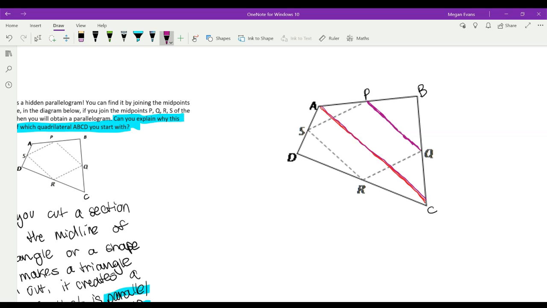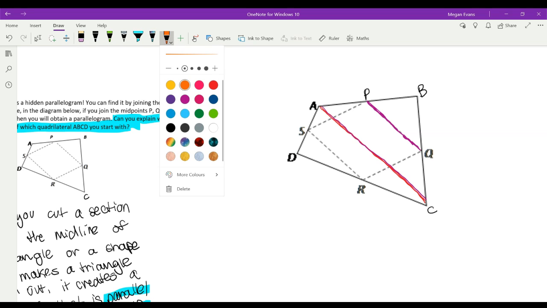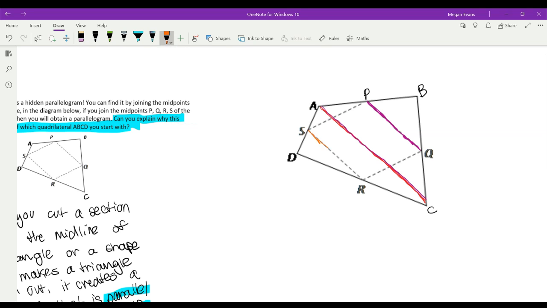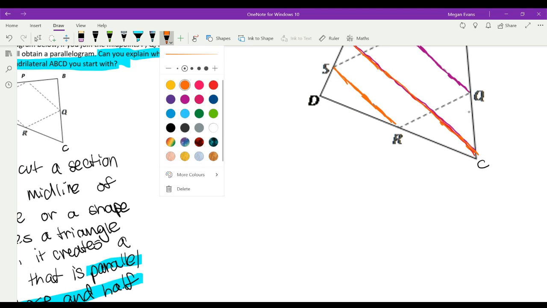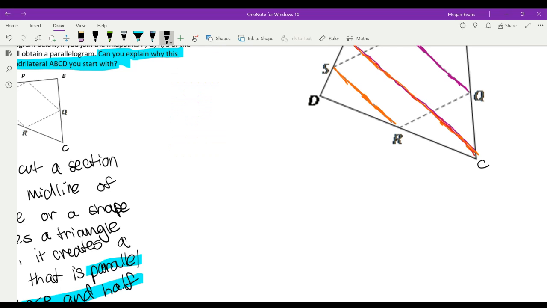So next let's take a look at R to S and A to C as well. And we can also see that R to S is going to be parallel and half as long as A to C as well. So therefore, sorry, just changing pens. Therefore, we know that PQ is parallel to RS.